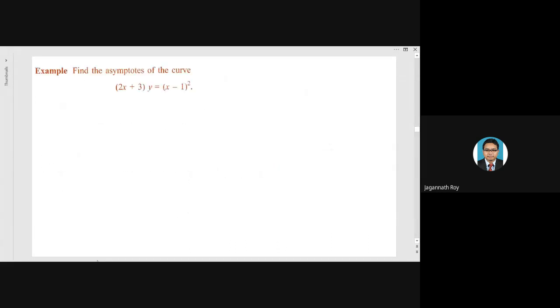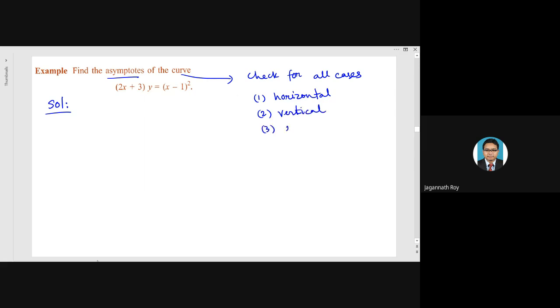So let us try to find the asymptotes. Here it is mentioned asymptotes, so that means check for all cases. First one is horizontal, second one is vertical, third one is inclined.